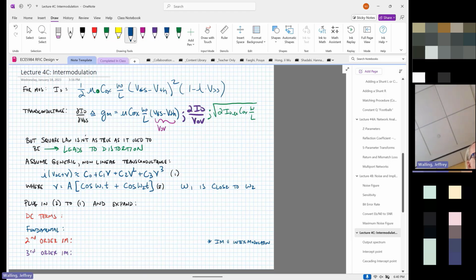All right, so if we do that trigonometric expansion, we're going to get some DC terms. So these are terms that don't have any frequency relation. We're going to have some terms at the fundamental frequency.